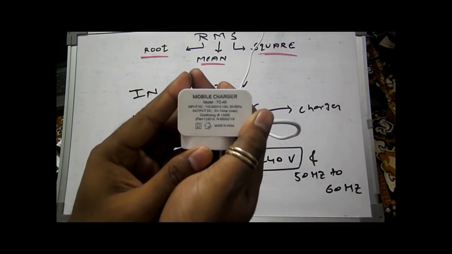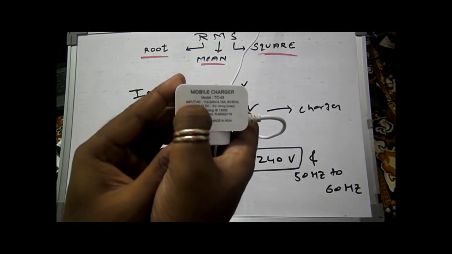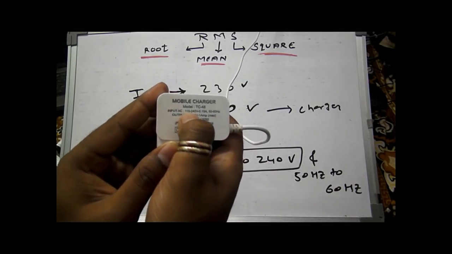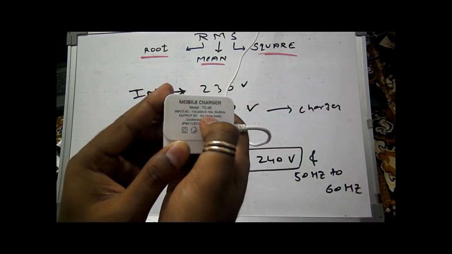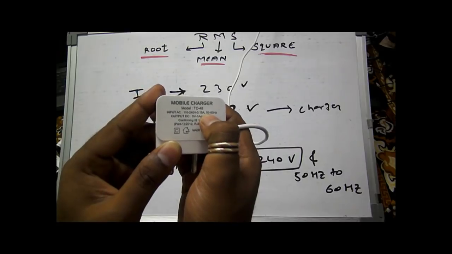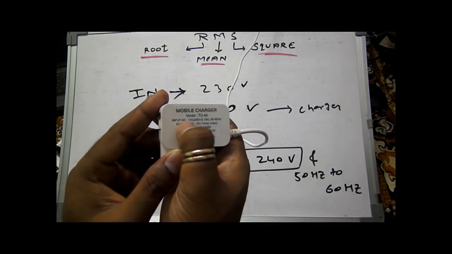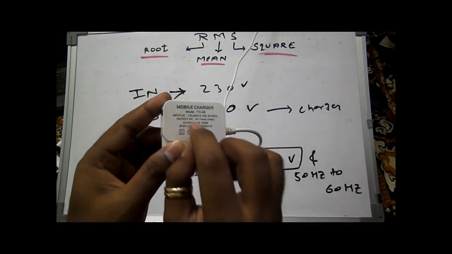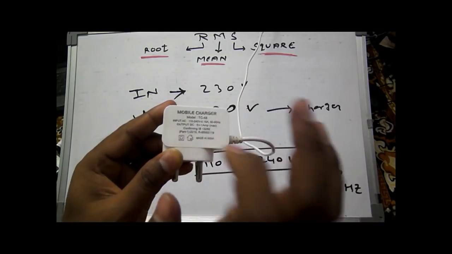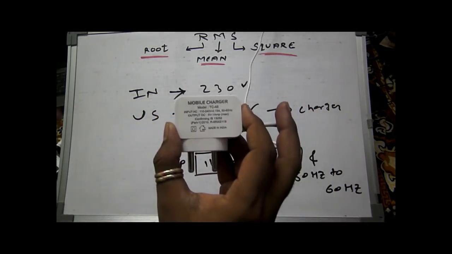If you pause the video and zoom in, you will see that the input AC is 110 to 240 volts, it draws 0.15 ampere, and 50 hertz to 60 hertz. This is the input voltage rating. I will put a picture of this charger in my description box so that you can see it clearly.